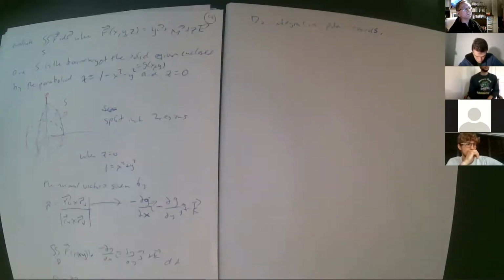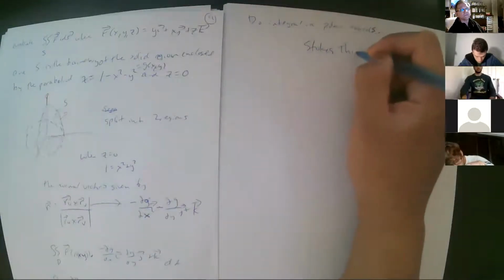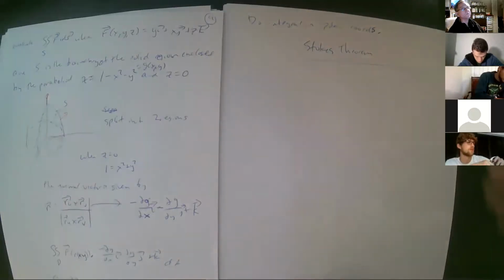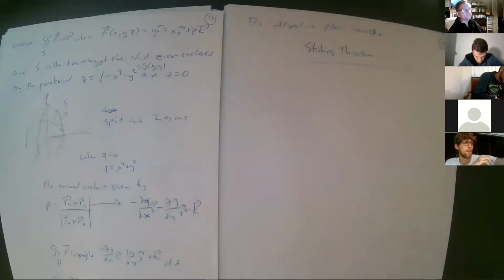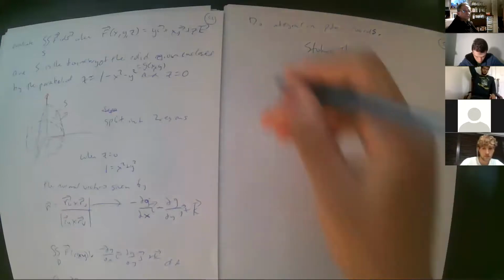So move to Stokes' theorem. I am a huge fan of Stokes' theorem. I think it's really cool. I remember talking about this last Thursday, but I will bring it up again. So let's start with the basics, the fundamental theorem of calculus.